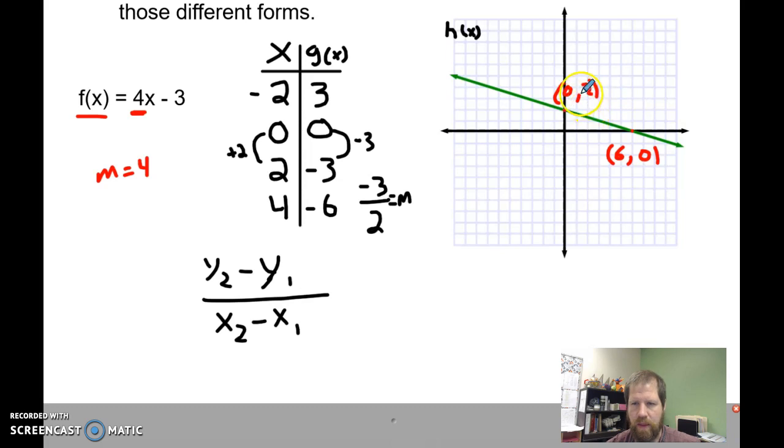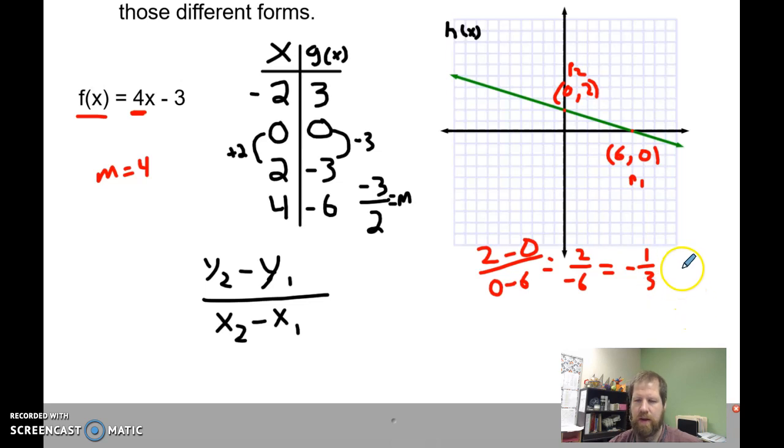I can use the slope formula. Let's make this point 1, and this point 2. So y2, 2 minus 0, and then x2, 0 minus 6, gets me 2 over negative 6, and I can simplify that to negative 1/3.